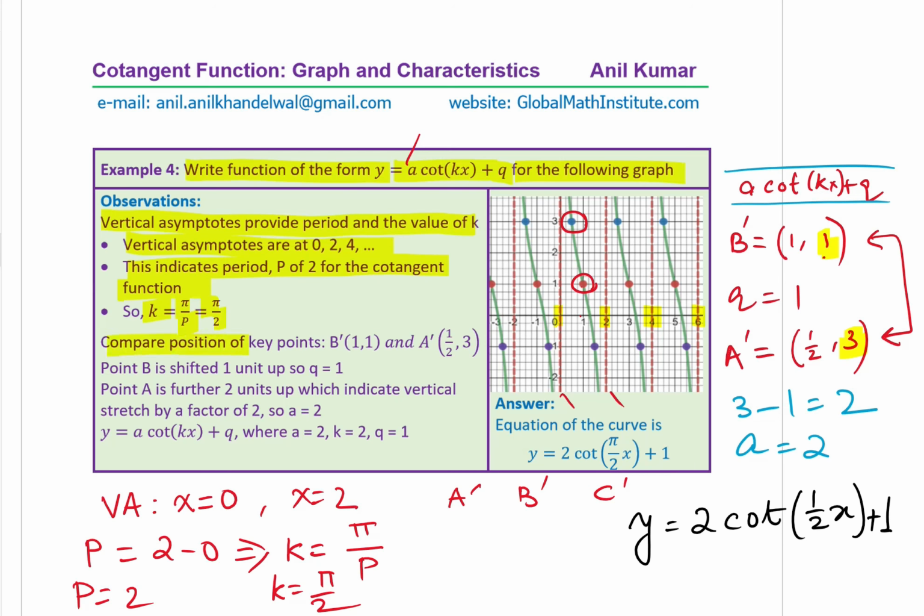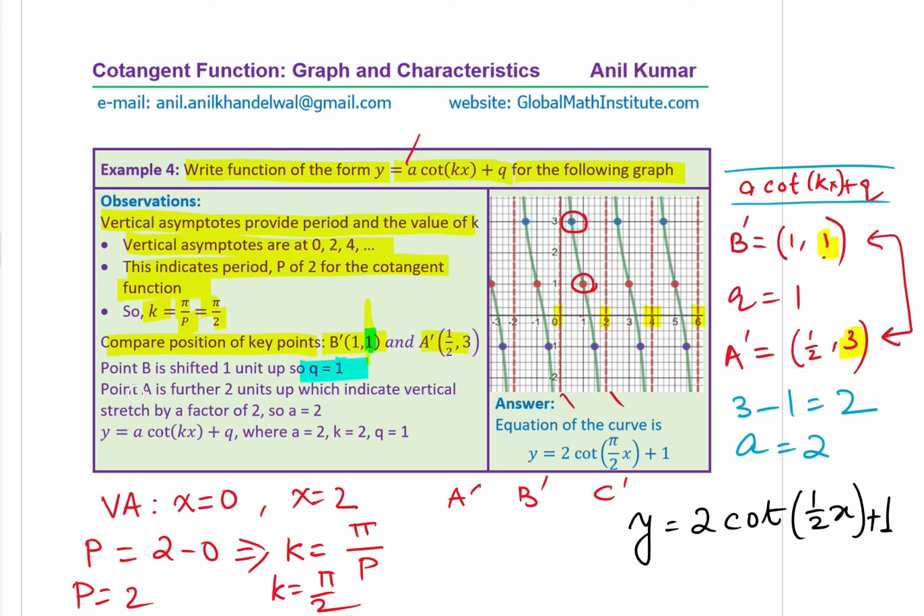Now compare the positions of the key points B dash and A dash. B dash is at 1, 1, A dash is at half and 3. Now point B is shifted 1 unit up, so Q is 1. You get the idea. So this point has shifted 1 unit up, this value, which matches with Q, correct?